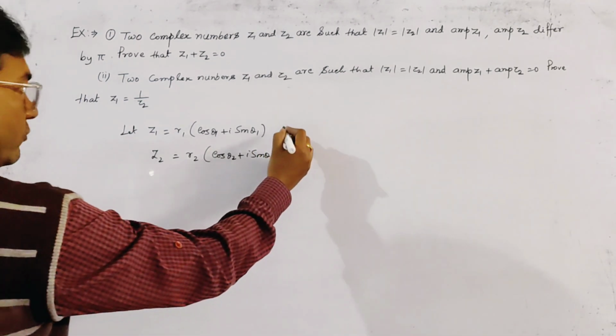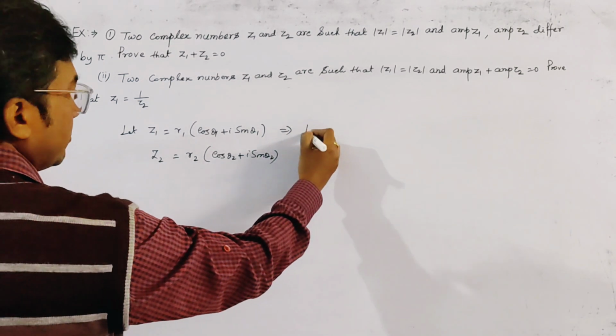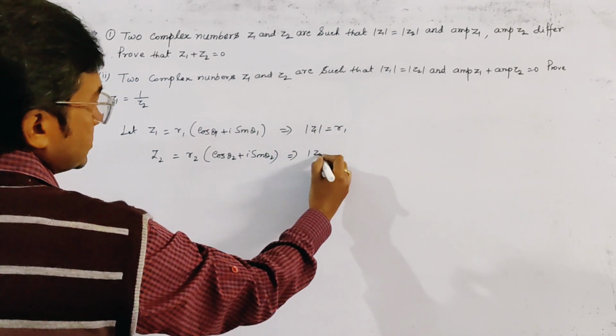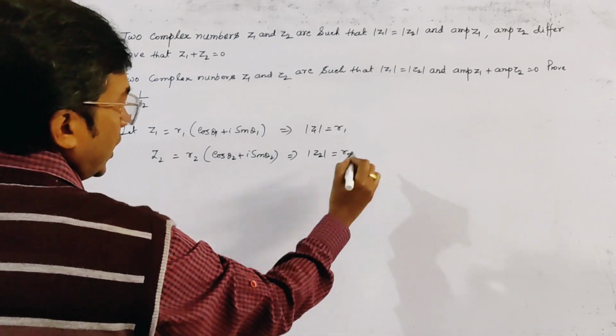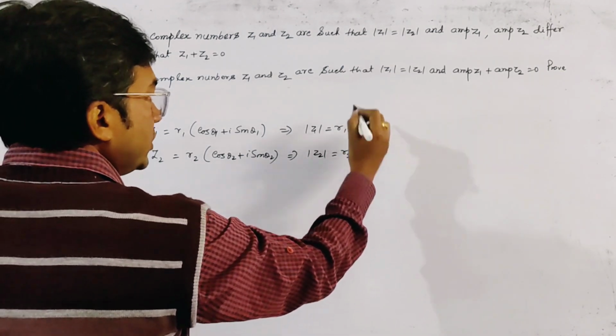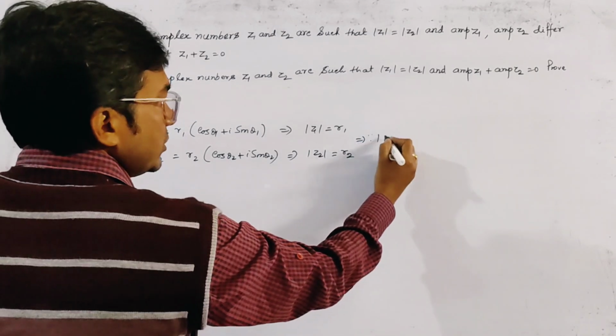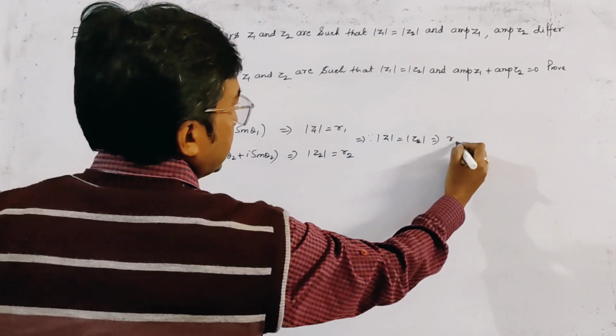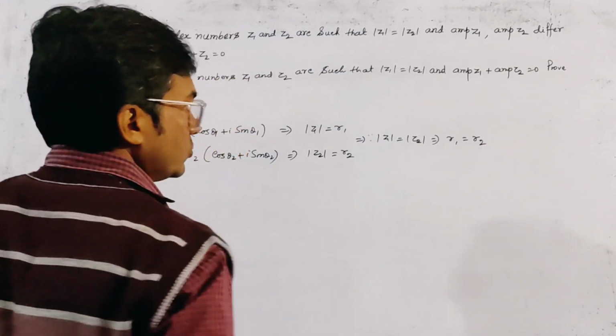For the first complex number, mod Z1 equals R1. For the second, mod Z2 equals R2. And from the given condition for both the problems, since mod Z1 is equal to mod Z2, we get R1 equal to R2.